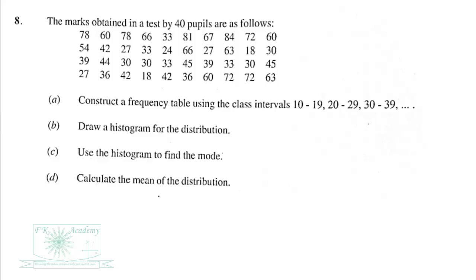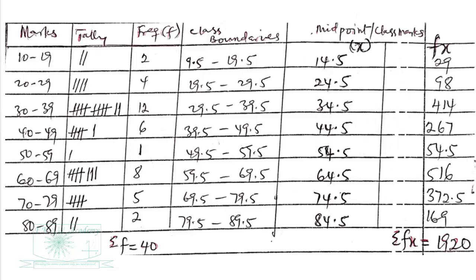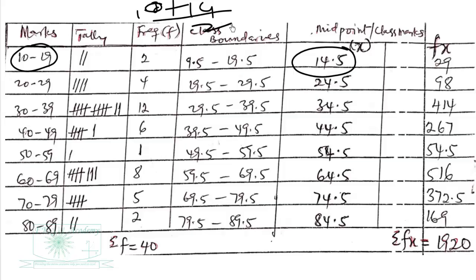So to construct a frequency table using this class interval, our table will be looking like this. So we got this midpoint here by adding 10 and 19, dividing it by 2. 10 plus 19 is 29, divided by 2 will give us 14.5.